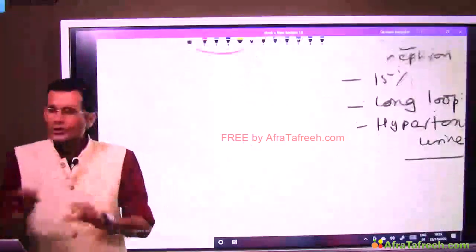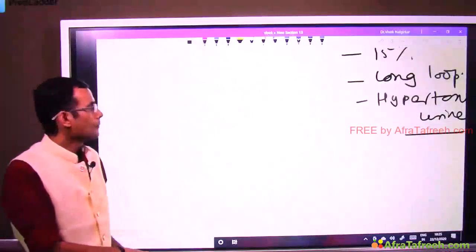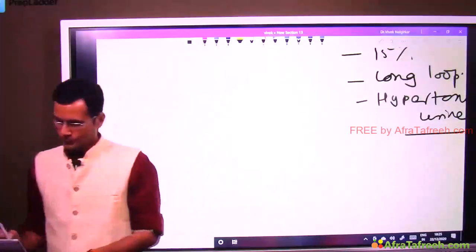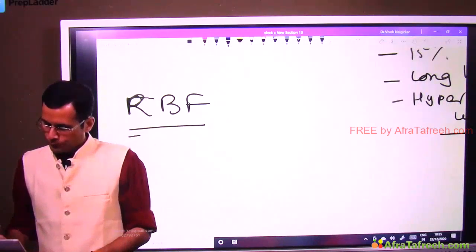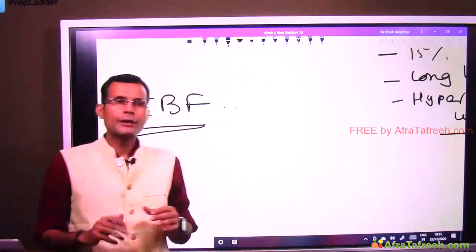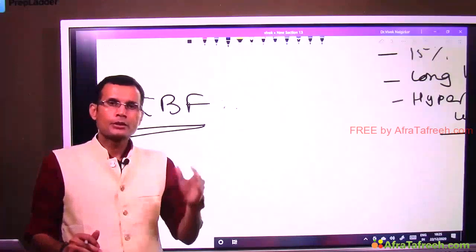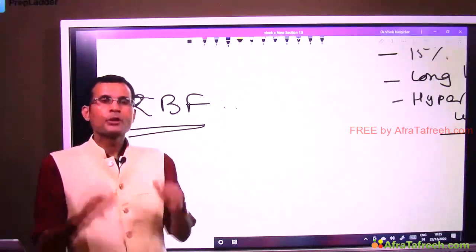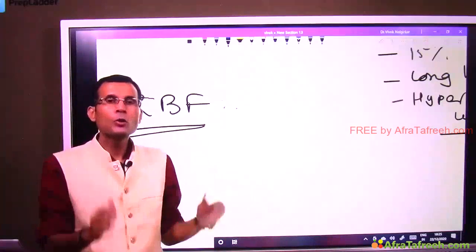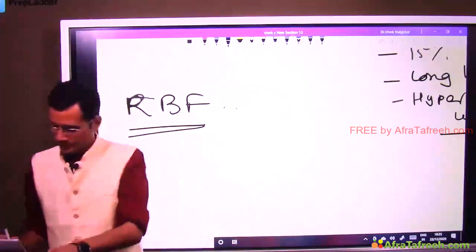Right. Let's just add one more point in this about the renal blood flow. Renal blood flow. You know, if you compare the cortex and medulla, this is a comparison of renal cortex and renal medulla. Most of the blood flow goes to the cortex.